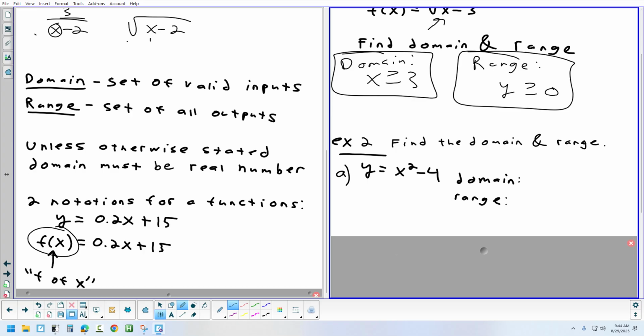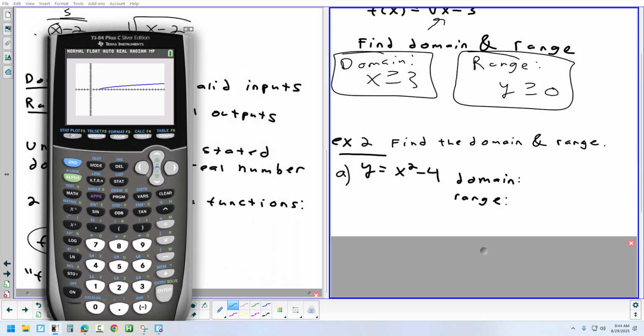Let's try this one. Square root of x squared minus 4. Clear that. Put in x squared minus 4. Now, for the domain, are there any square roots in this problem? What do you think, Evan?